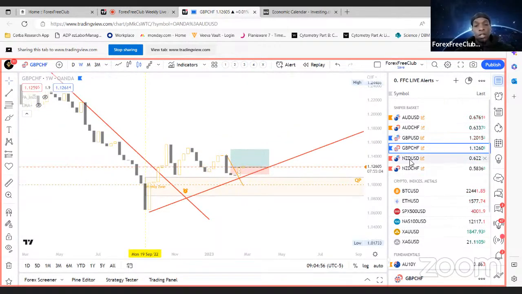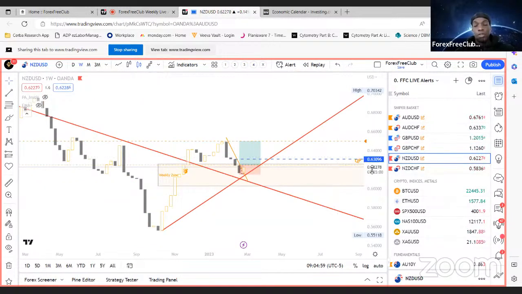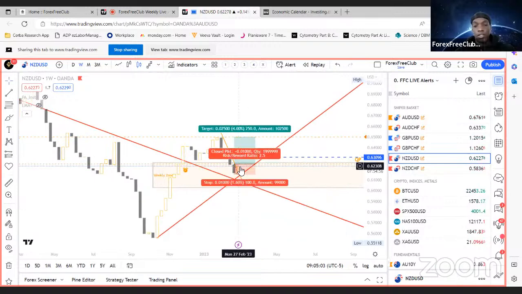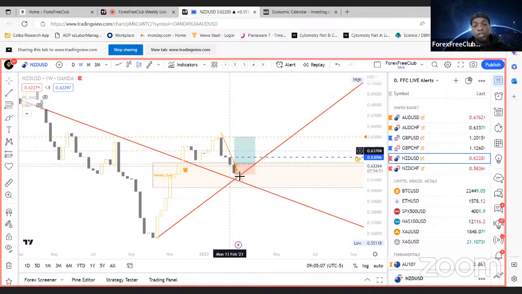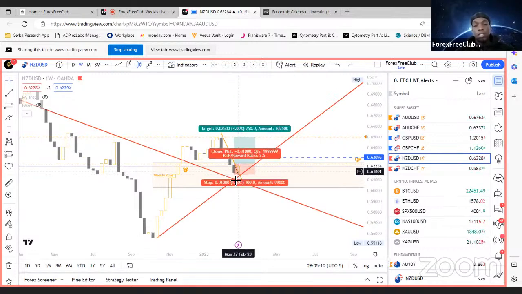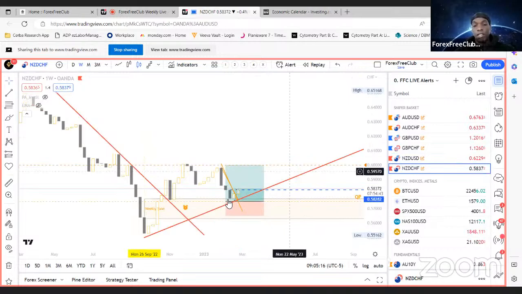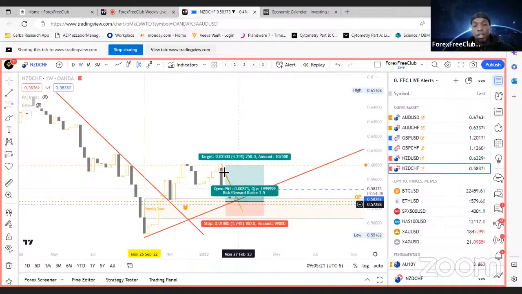So be sure to enter. NZD/USD is approaching our entry, but doesn't look like it's necessarily at our entry. It's a little bit below, but we do have that break of our weekly counter trend line. So we're looking to take this momentum up to clear the highs. And then NZD Swiss franc didn't really get to our entry, but we do have a break of a counter trend line.